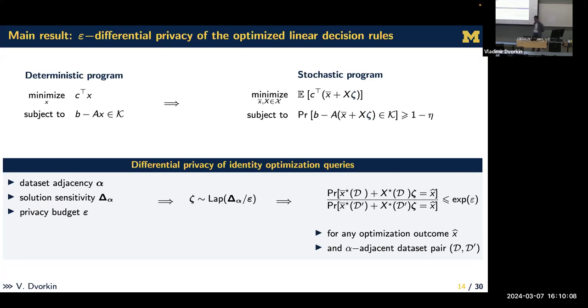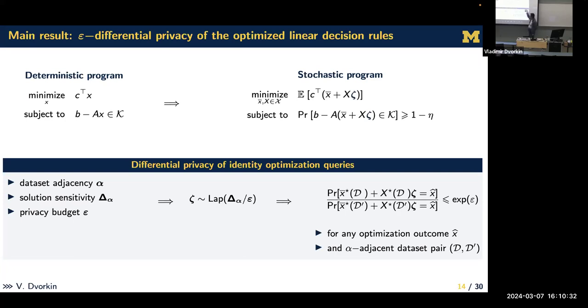Is there a direct connection between epsilon and eta? Yes, there is. A good point. So eta is your feasibility preference, and epsilon is your privacy preference, right? What happens when you reduce epsilon? You increase the magnitude of the noise, right? What happens when you reduce eta?